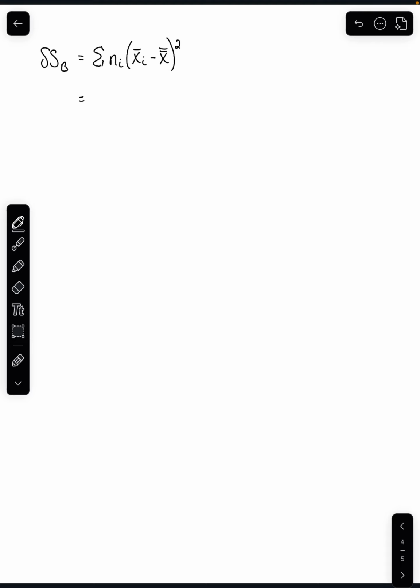So for the first sample, its sample size was 4. The first sample's mean was 14 minus the grand mean of 15.92, and that needs to be squared.